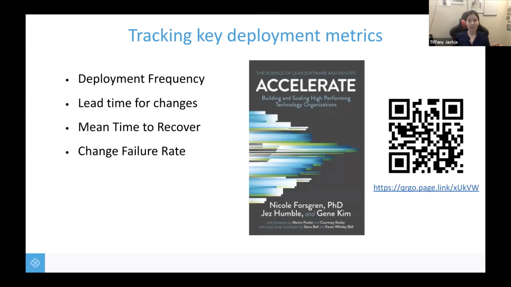And if you have a poor change failure rate and an infrequent deployment frequency, that could mean that you're trying to do very large releases and that you should maybe deploy more often and in smaller increments so that you can make those wins in a sustainable way.